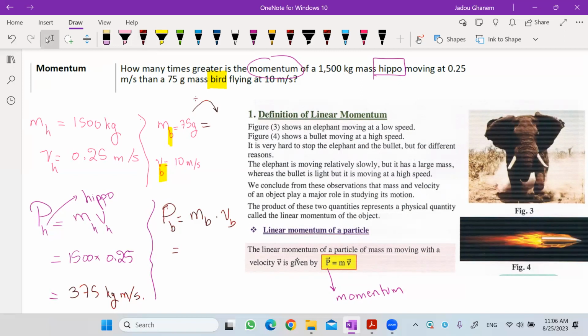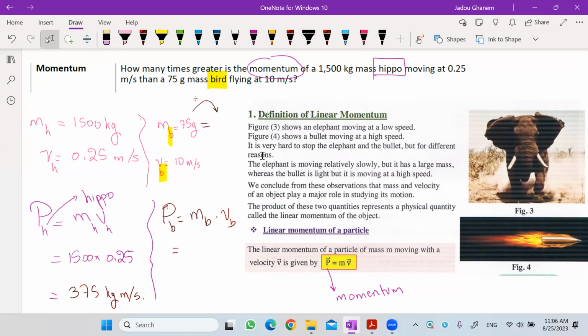We move the decimal point three places to the left. Perfect.